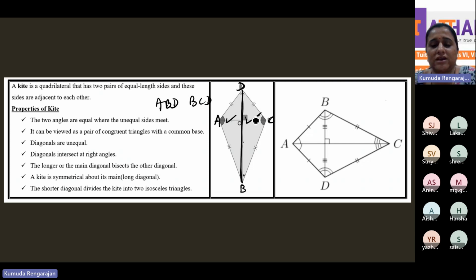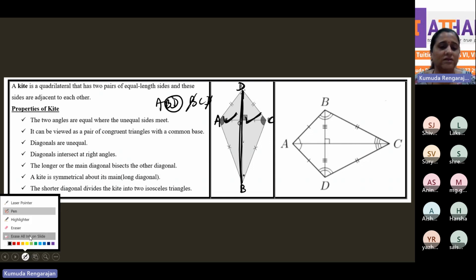BD is a side of this triangle, and BD is also a side of this triangle. See, BD is here, and BD is here also. So when you look at the triangles like that, the two triangles are congruent to each other.